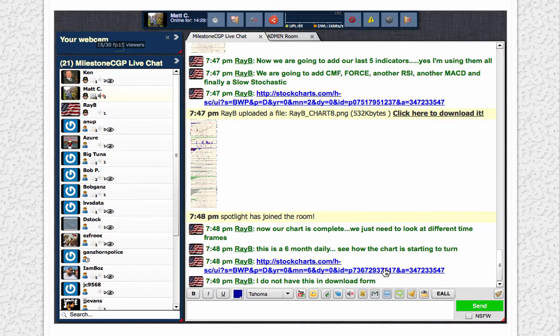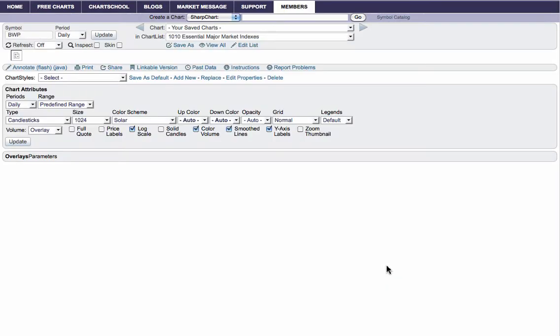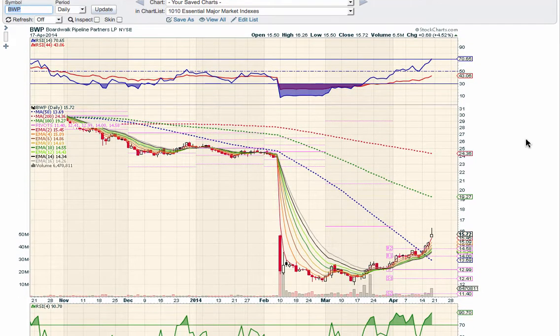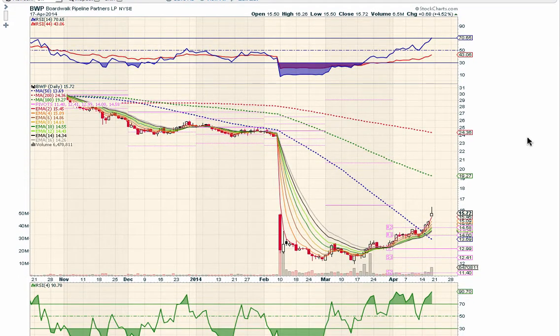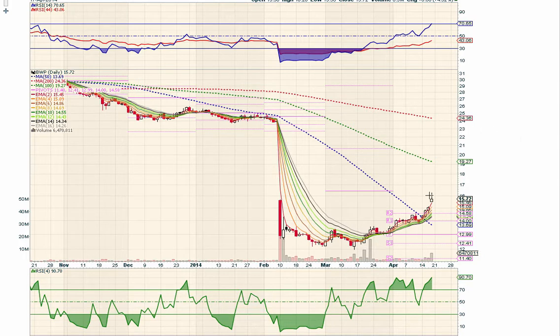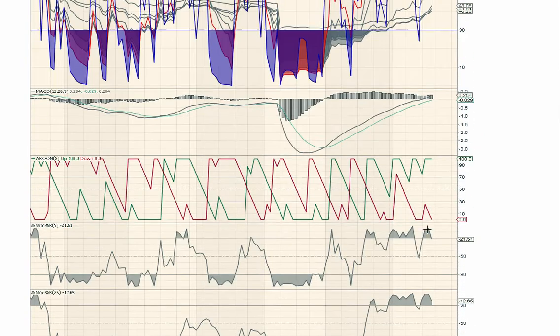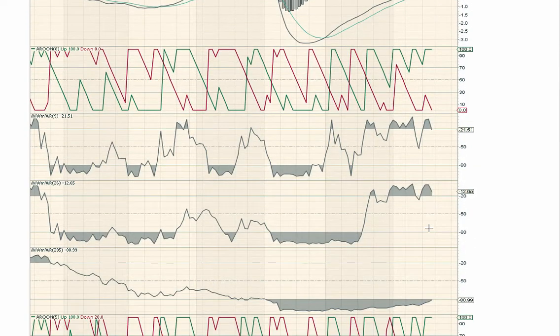I'll open it up in here. This is a 6-month daily, and you can see on this chart how all the indicators are moving with the flow of the stock itself. And the indicators actually show different triggers throughout.